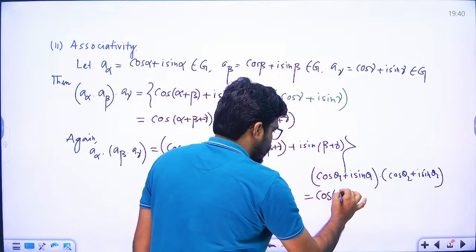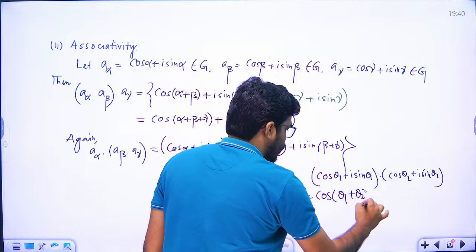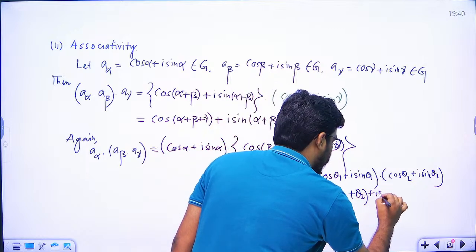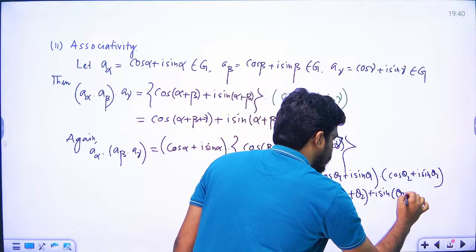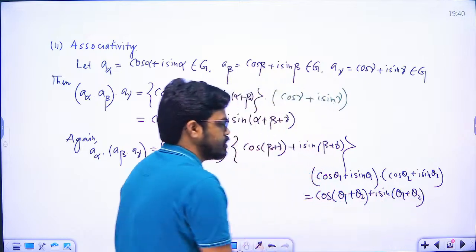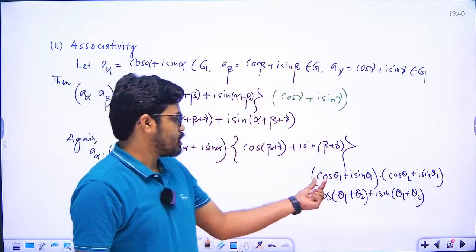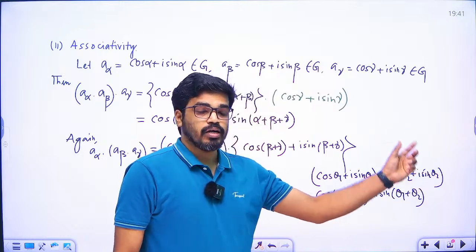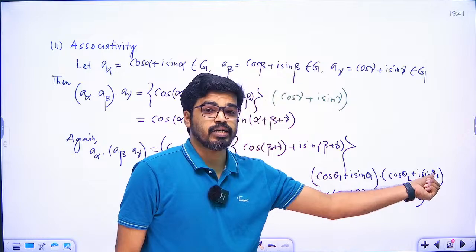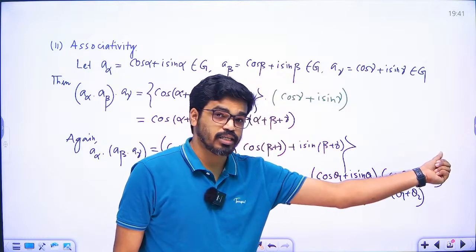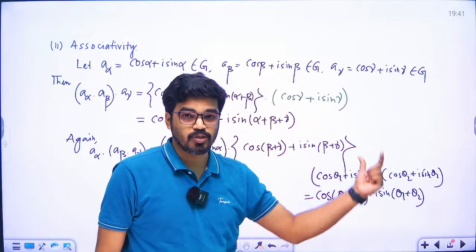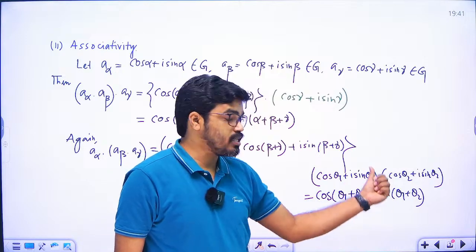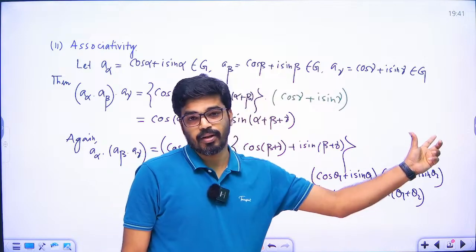Now cos theta 1 plus I sin theta 1 into cos theta 2 plus I sin theta 2 dot cos theta 3 plus I sin theta 3. So what do we get? Cos theta 1 plus theta 2 plus theta 3 plus I sin theta 1 plus theta 2 plus theta 3.